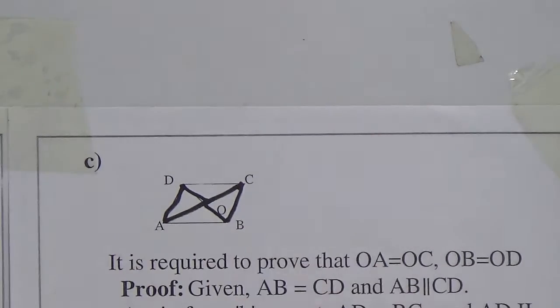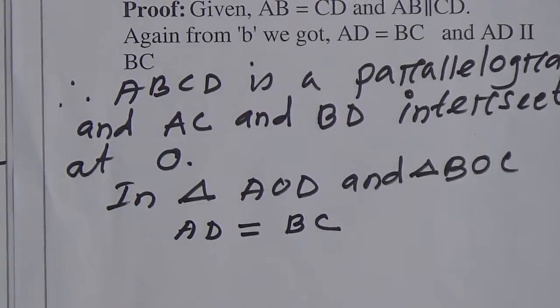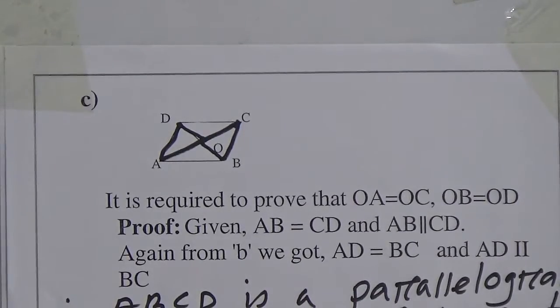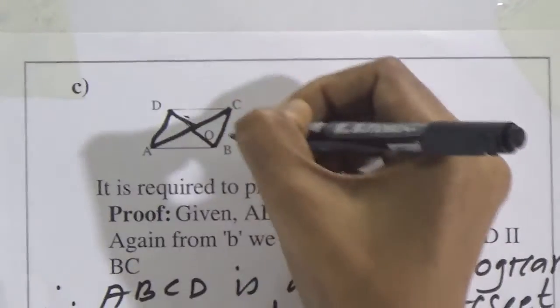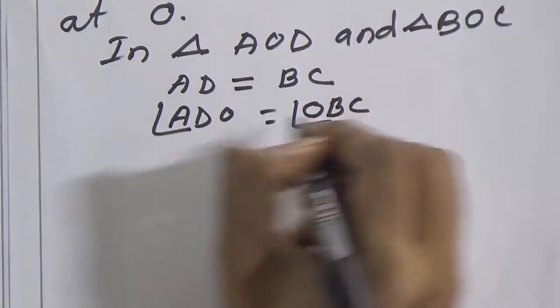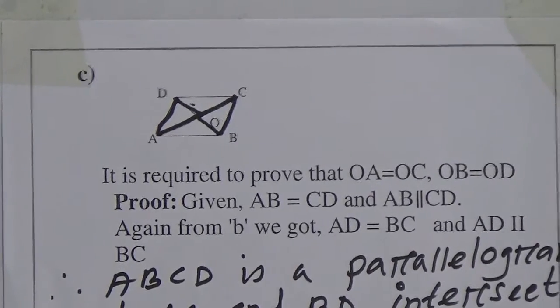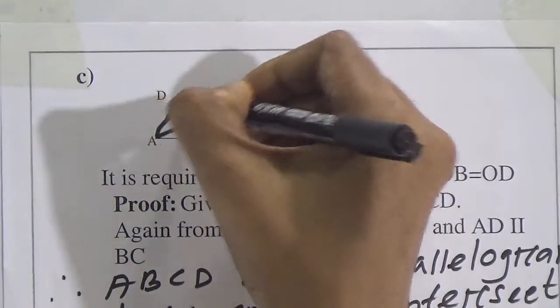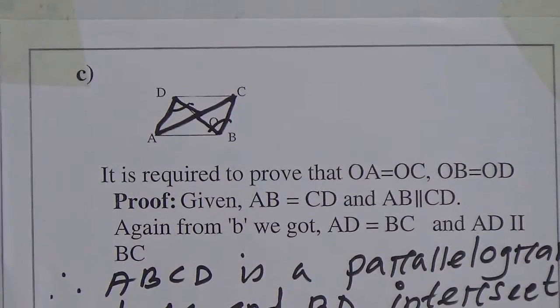Here AD equal to BC. Then you think ADO and OBC, they are alternate angles because AC is their transversal, so you can say angle ADO equal to angle OBC.